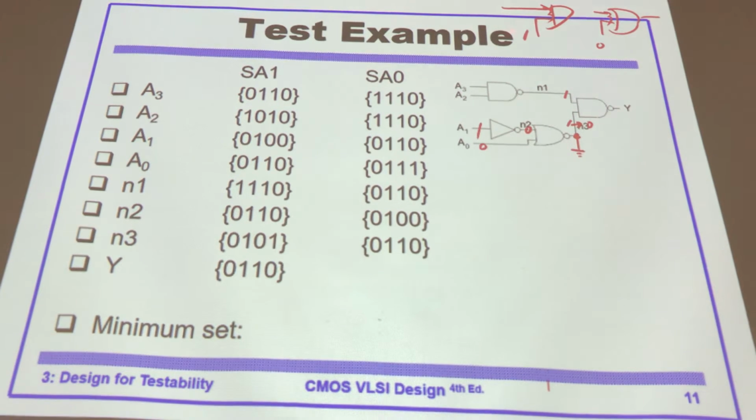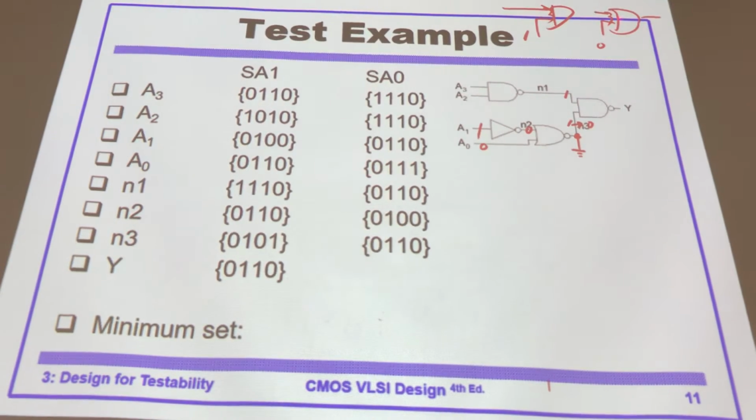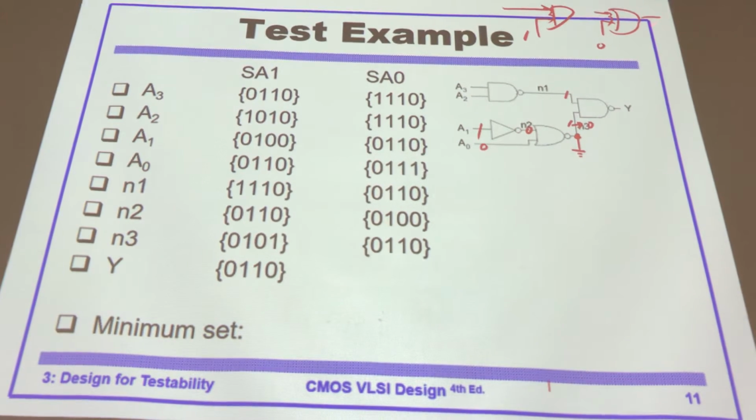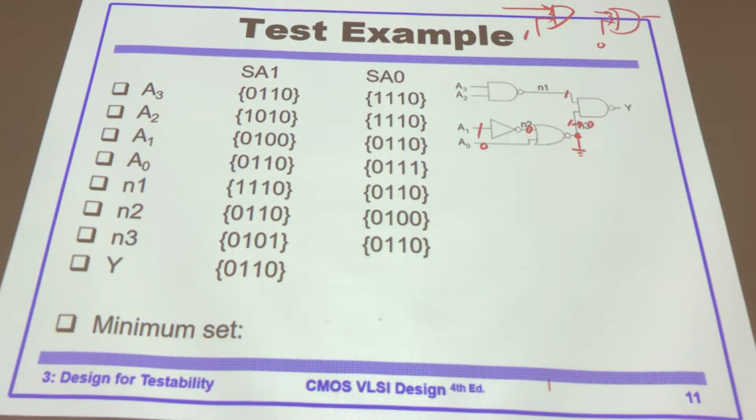For AND gate, the supporting signal should be 1. For OR gate or NOR gate, the supporting signal should be 0, such that the other input will get through to the output. If there's a bubble here, then it will get inverted. Okay. So in this case, it has to be 1.